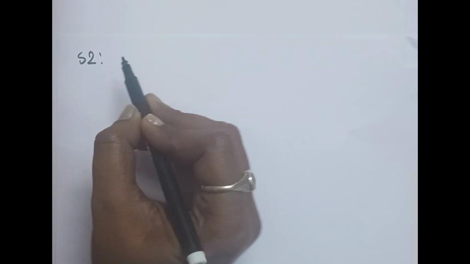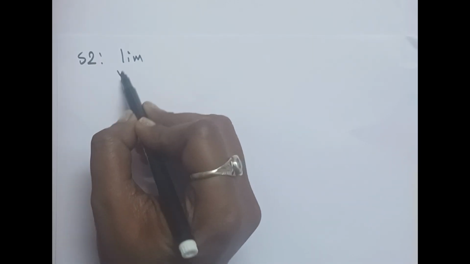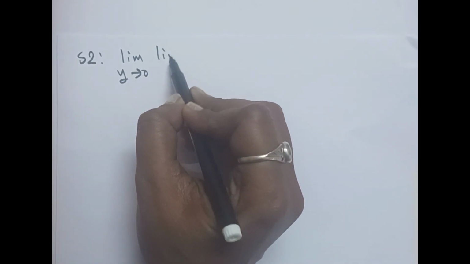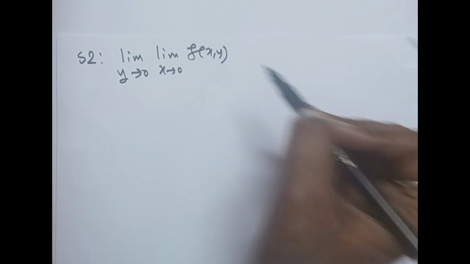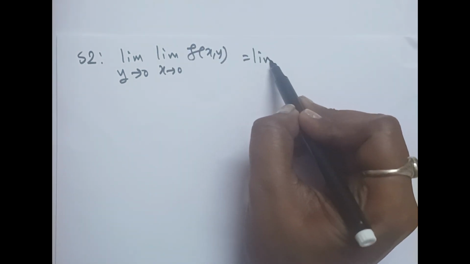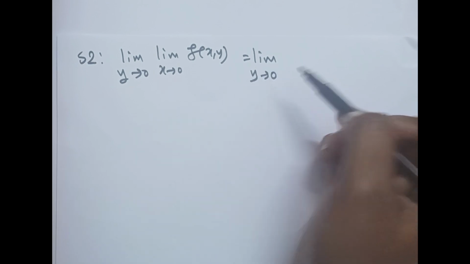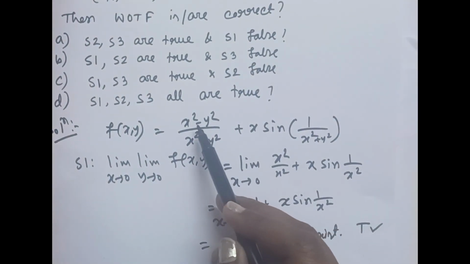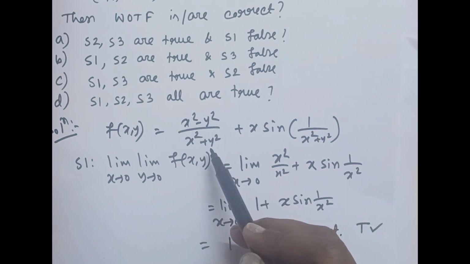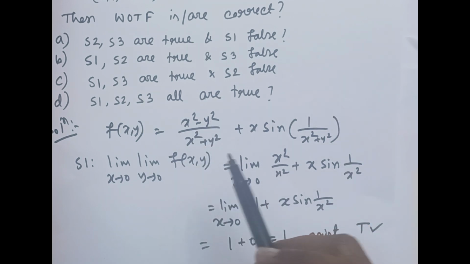Now let us check statement 2. In this case limit y tends to 0, limit x tends to 0, f of x comma y. We will directly take limit x tends to 0 in the function. When x tends to 0, for the first part only minus y square by y square is left with us.